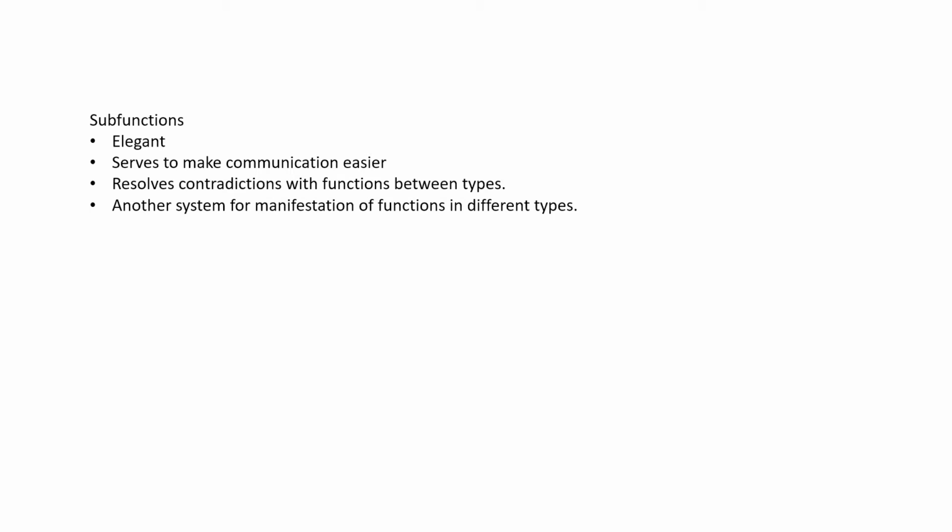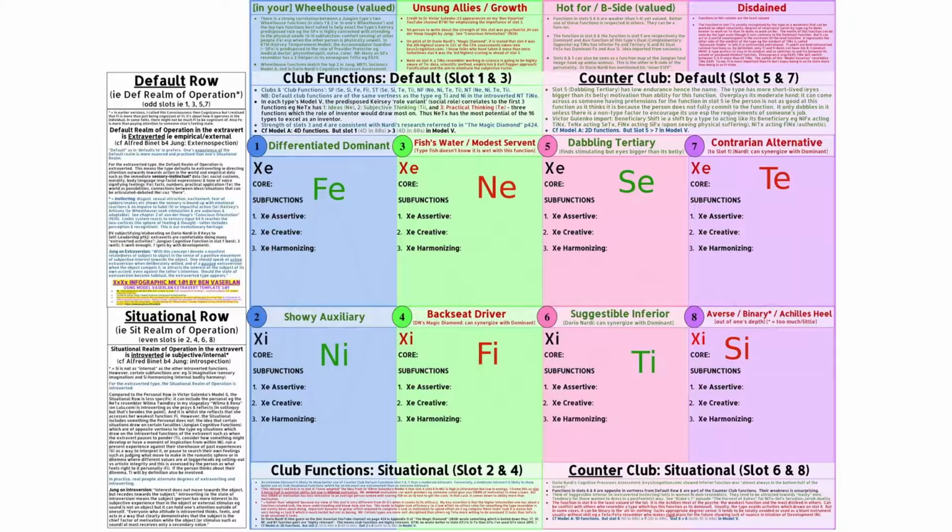So in a lot of systems like MBTI, or rather a lot of systems that piggyback off MBTI, they talk about things like auxiliary function, demonstrative, etc. And while that's good, it's still lacking, and I think it's a lot to remember.